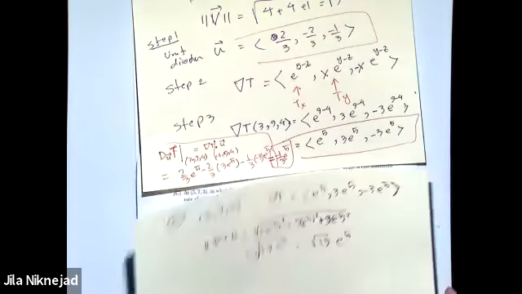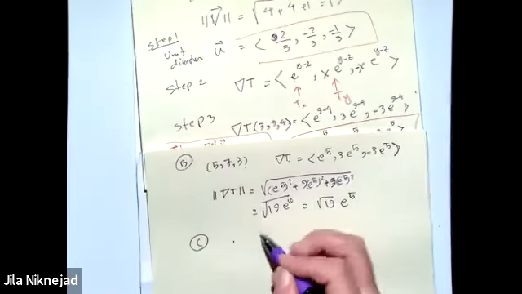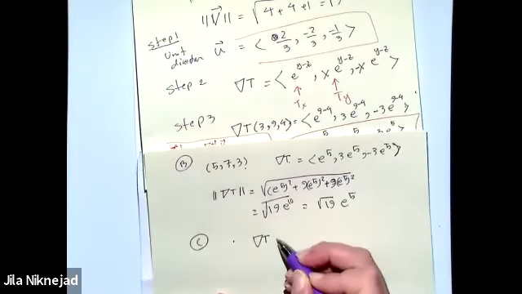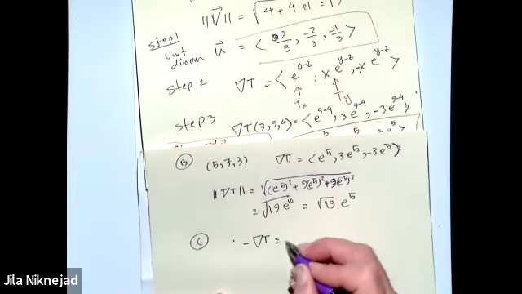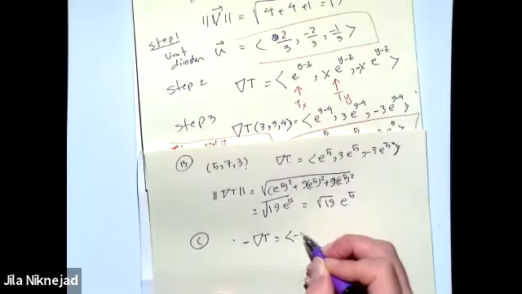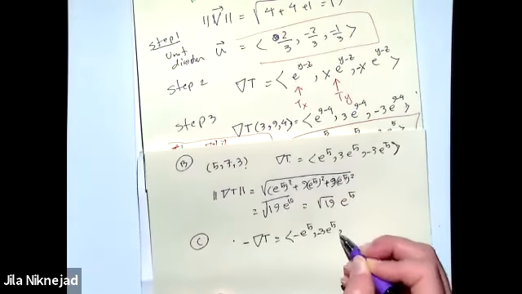Let's do part C. For part C, the direction is the negative gradient of f, because what direction are we decreasing fastest? Just multiply by a negative sign.